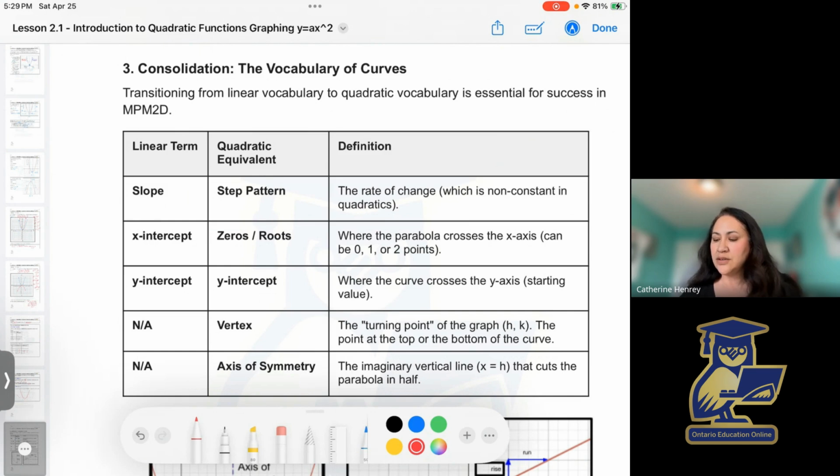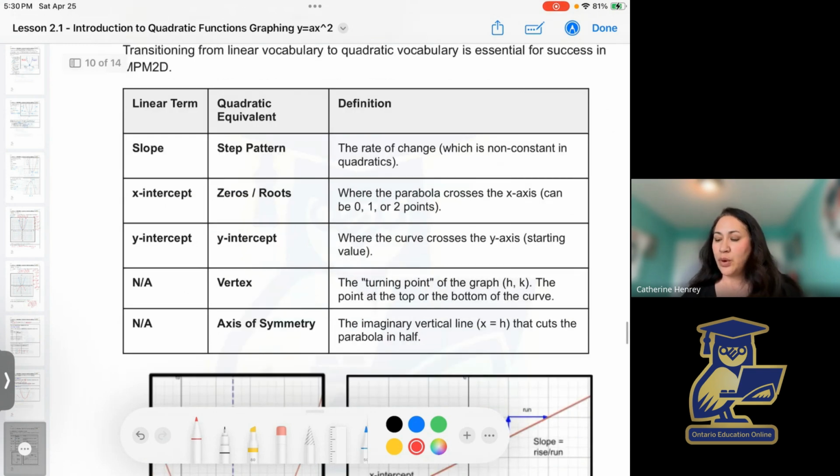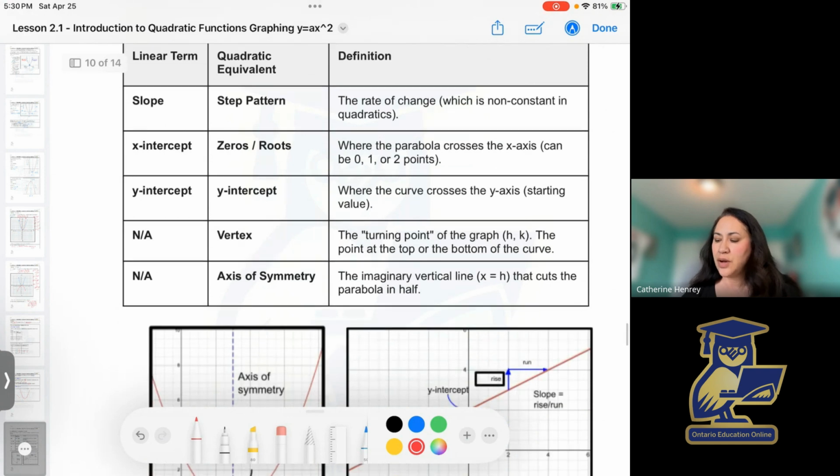Linear terms usually have an x-intercept. In quadratic terms, we have zeros, and that's where the parabola crosses the x-axis. That can be at no points or at 1 point or 2 points, but we will see that in the next lesson. Then we have the y-intercepts. Both can have a y-intercept wherever the curve or the line crosses the y-axis. And then for quadratics, the new ideas are that we talk about a vertex and we talk about the axis of symmetry.